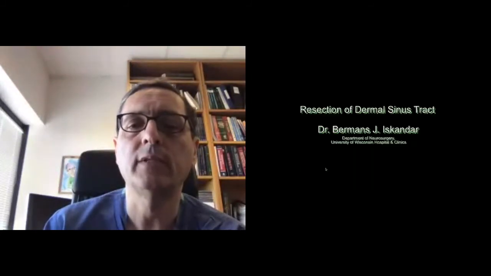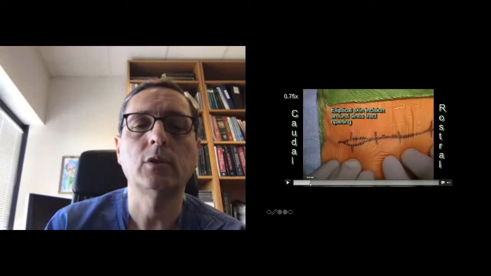So this is a short video that I don't know if it will play, but yes, it will play, that shows that there is a dermal sinus tract that is attaching to the spinal cord. So I'm going to spare you the incision.